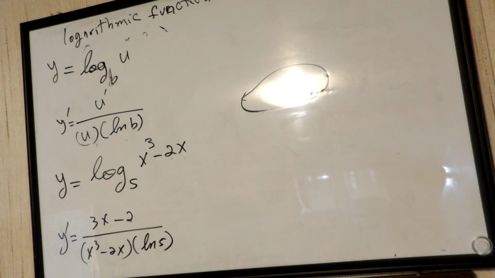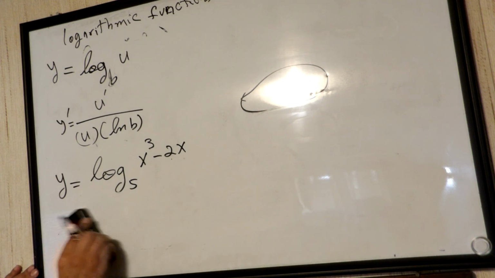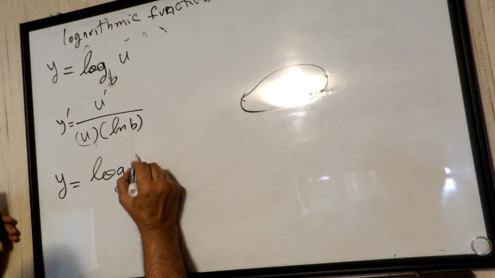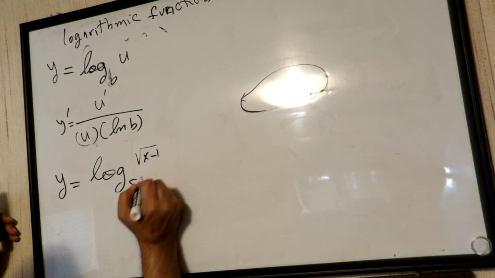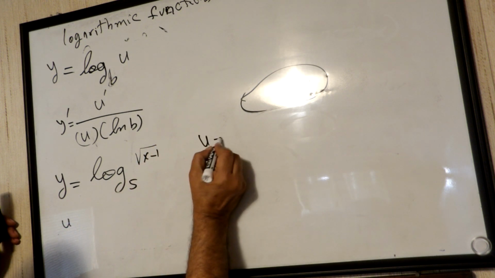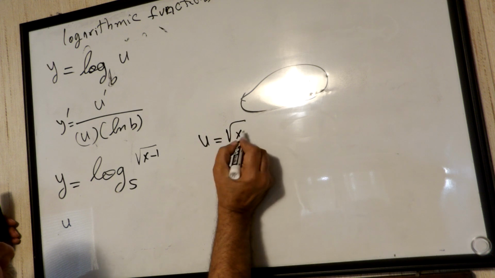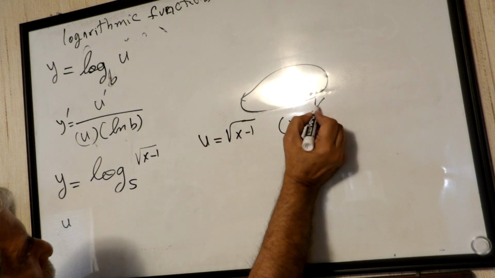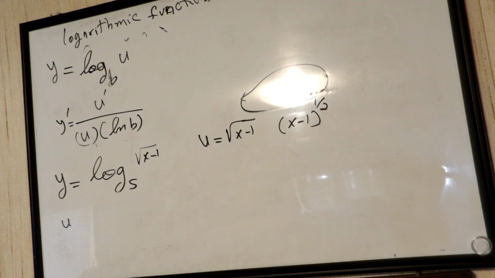The argument can be a radical, like the square root of x minus 1. So how do you do this? This u is the square root of x minus 1, which is (x minus 1) to the power of 1 over 2.